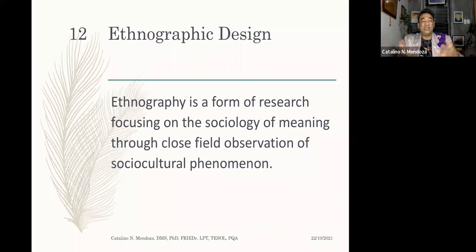Do not just interpret it as is, the word ethnography. So of words, ethnic is one of the focus of this ethnographic design. But how about the urban people, the urban community? Do you think it is possible to use this ethnographic design? Yes, because of the present and the latest trends.